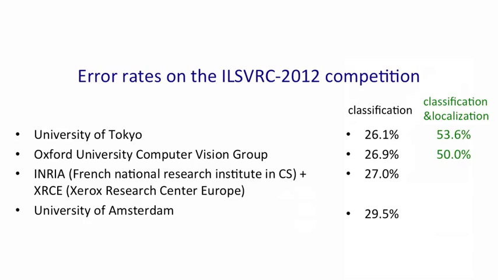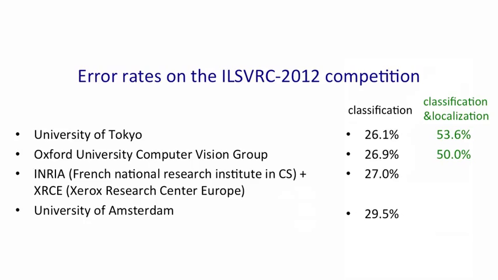Oxford University, which has a very good computer vision group, generally recognised to be possibly the best group in Europe, again got 26%. And the French National Research Labs and the Xerox PARC Centre, which are again very good computer vision groups, got 27%. So you'd have guessed from this that it's going to be hard to beat 26%. And if you do beat 26%, you're comparable with the very best computer vision systems.